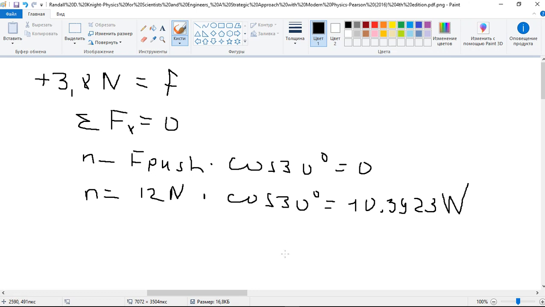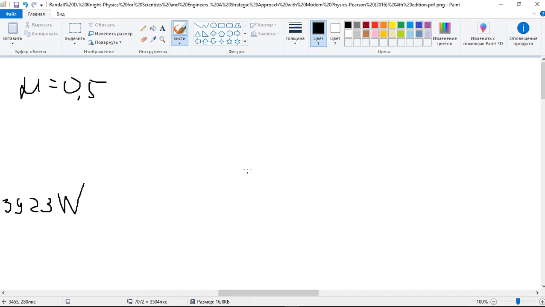And next we consider the value of the coefficient of static friction for wood as 0.5.